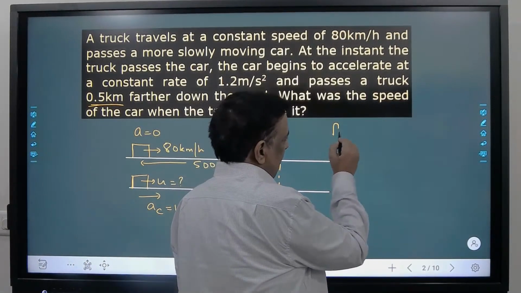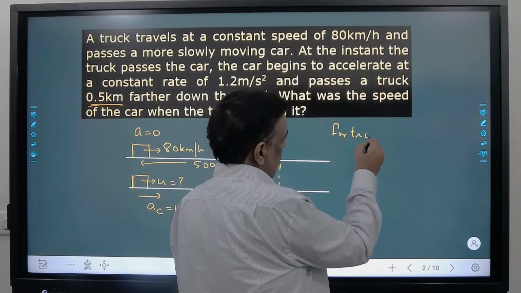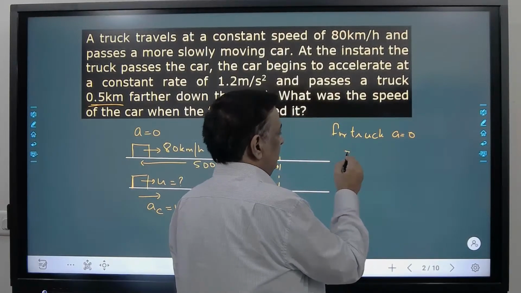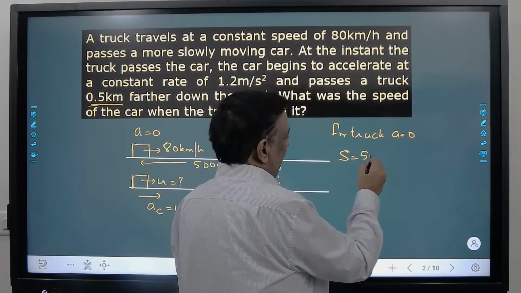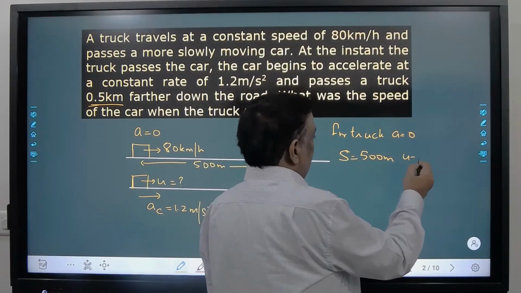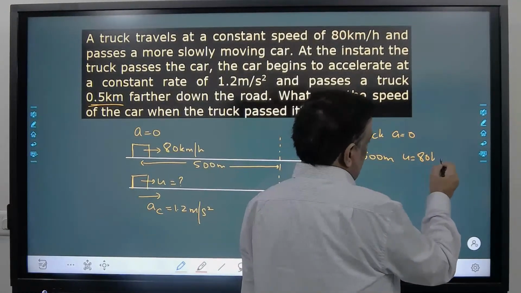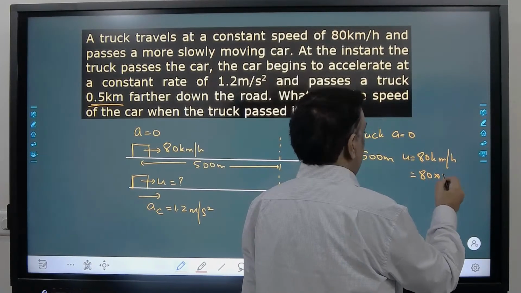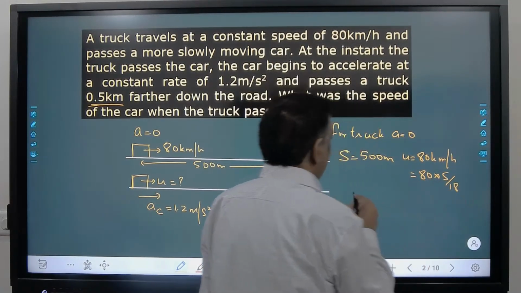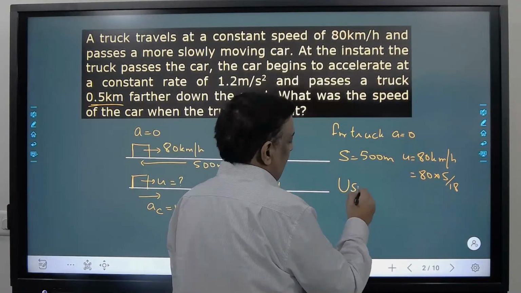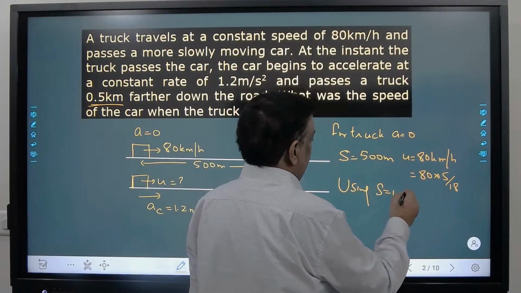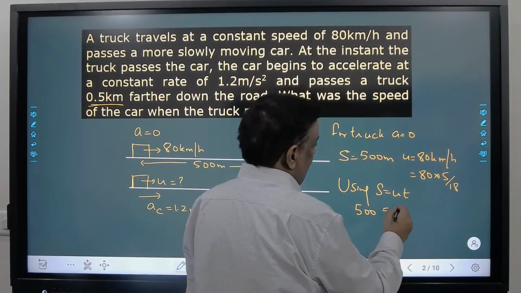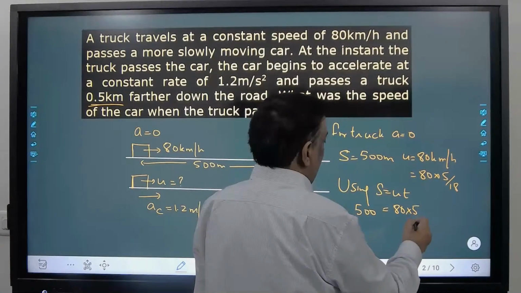For truck, a is 0, distance traveled is 500 with a speed of 80 km per hour. This is 80 into 5 by 18, using s is equals to ut for truck because a is 0. So 500 is equals to 80 into 5 by 18 times t.